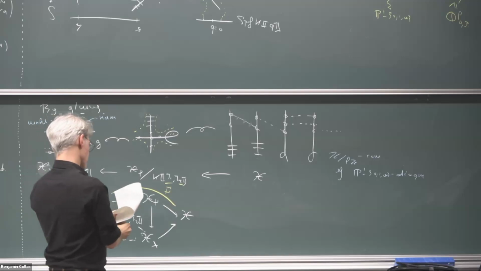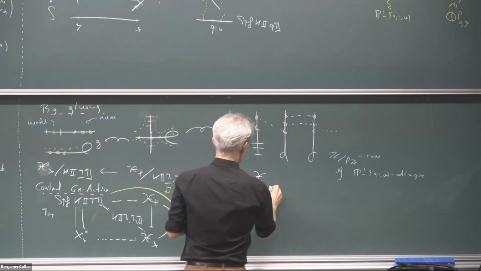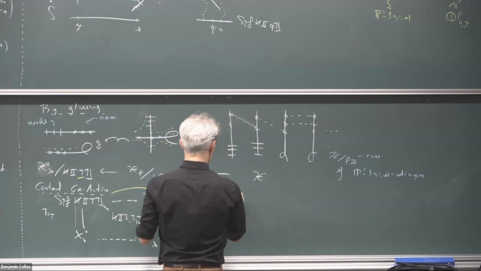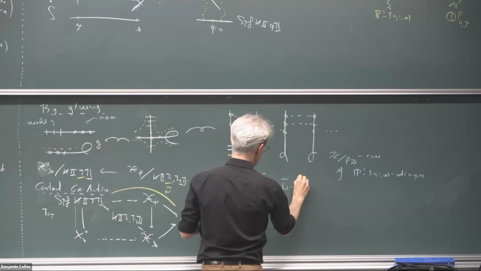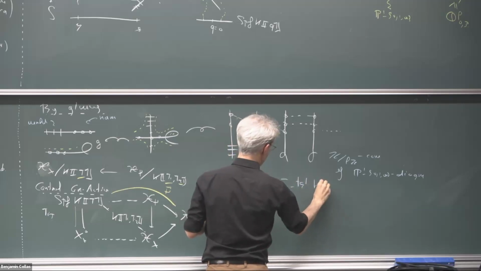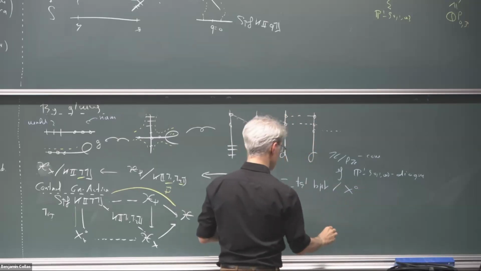And so maybe the conclusion is, the outcome of this is that you have a mu tangential base point on the X_0 that I defined before.